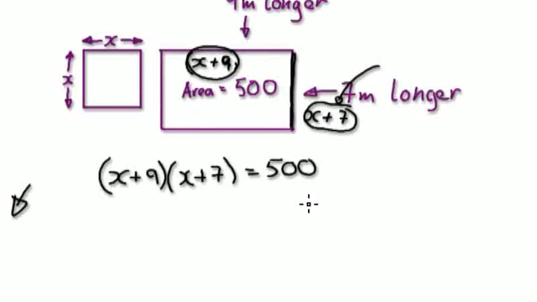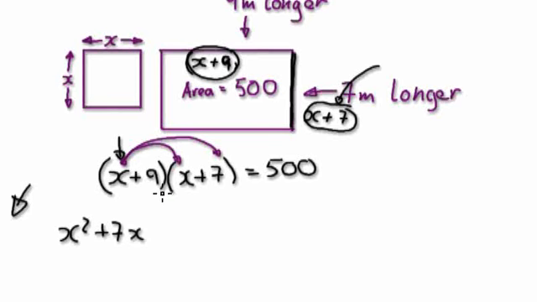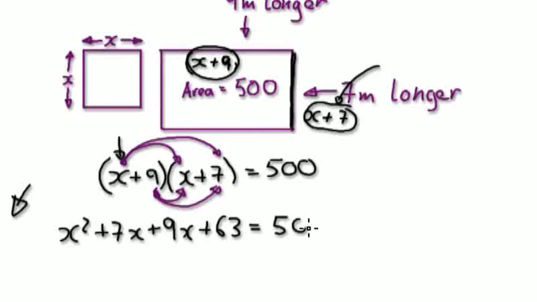Now your job is really to find out the value of x, when this multiplied with this gives you 500. So let's get this multiplied with this. That will be x squared, and this times this will be plus 7x, and this times this would be plus 9x, and this times this would be plus 63, equals 500.